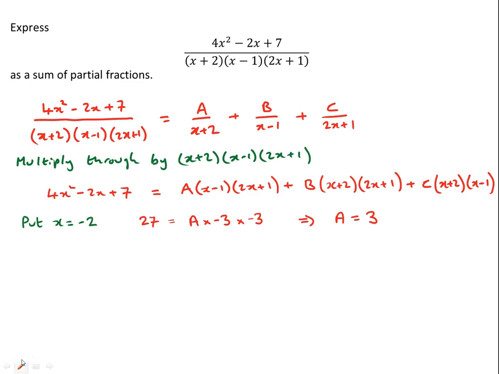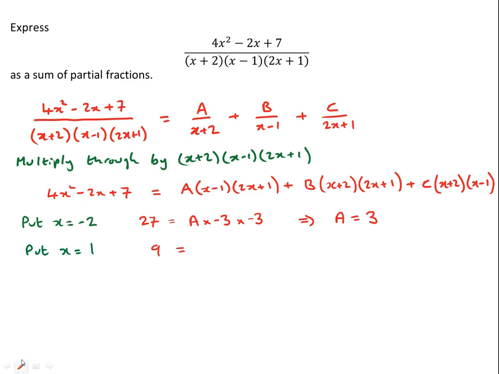If we now put x equals 1, then the first term on the right hand side will become 0, and the third term on the right hand side will become 0. So putting x equals 1, the left hand side is now 4 times 1 squared, which is 4, take away 2, add 7, so that gives me 9.